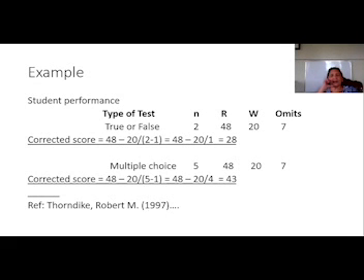Ilan ang choices? 5 options. So 5 minus 1 is 4. Alright, 48 minus 20 divided by 4, which is 5, no? Equals 43.